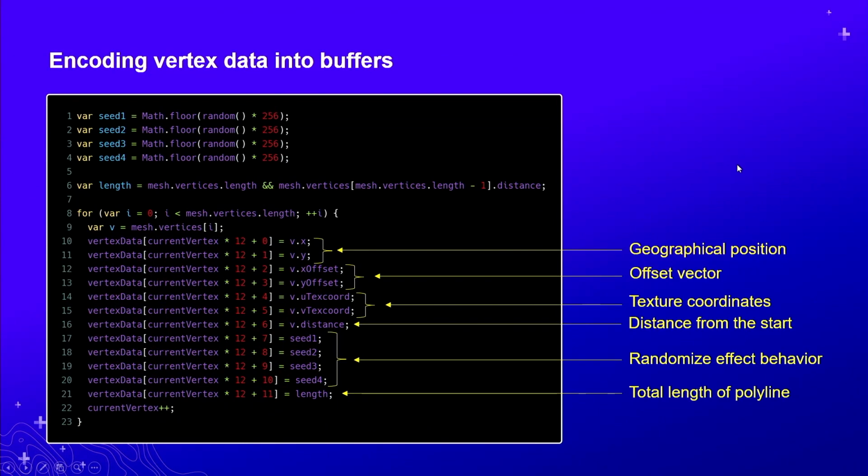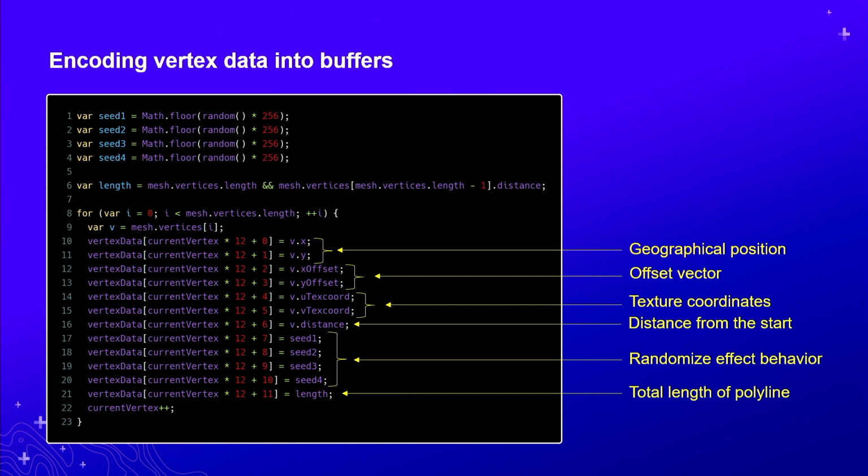It's the responsibility of the developer to copy these values to the GPU. In this case, we opted for a simple vertex format in which we use float for everything. So you can see that position x, y, offset x, y, texture coordinates, and distance are mapped into 7 float values. And then we also come up with 5 additional attributes.